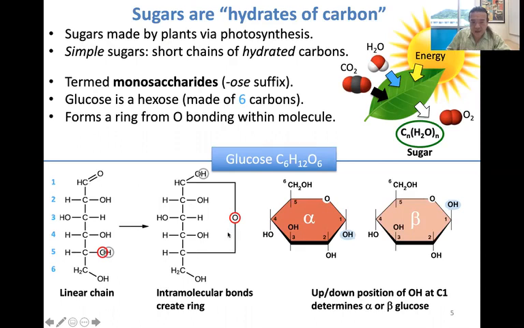So you get a bond where this oxygen is bridging carbon 5 with carbon 1. So it forms a ring, and this is usually how we view glucose. Here's carbon 1 on the right, 2, 3, 4, 5, 6 is up here, and this is the oxygen that is bridging the C1 with the C5.